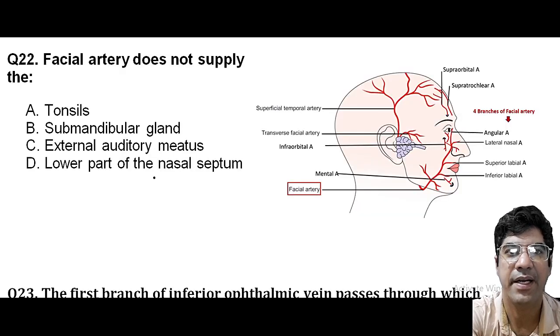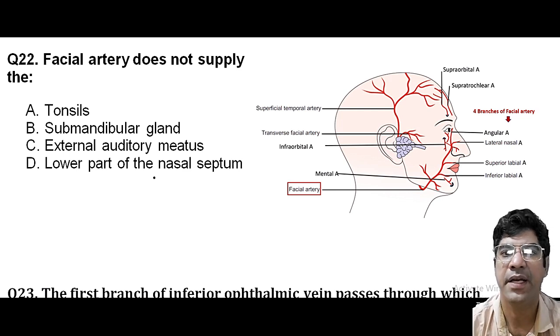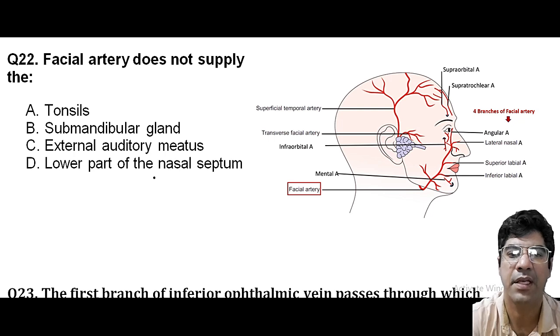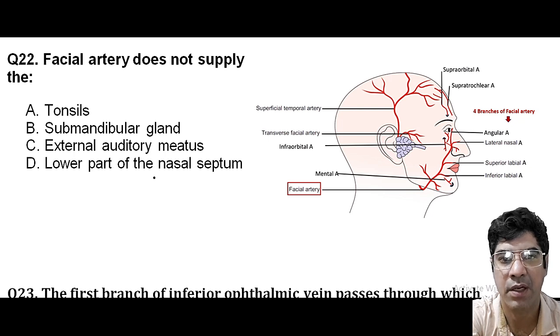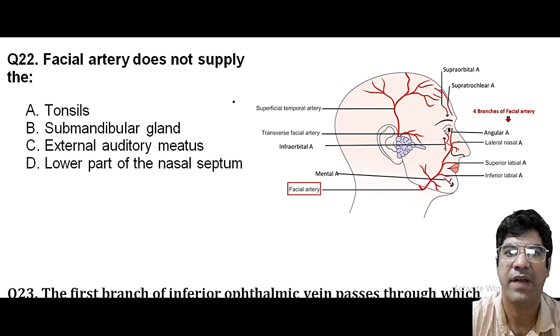The facial artery does not supply the external auditory meatus. The external auditory meatus is supplied by branches of the external carotid artery, such as the posterior auricular artery and superficial temporal artery.